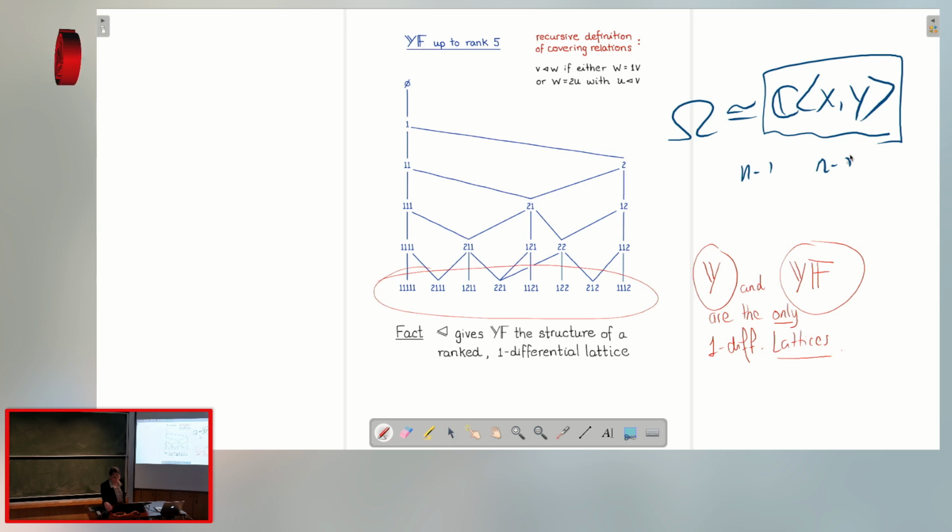So, I wonder what this means. I would be very keen on such an interpretation, and I would like it if you could say a bit more about it to me afterwards. Another problem here: as I said, this lattice is one differential, but it would be very nice to see if there was a full infinite dimensional Heisenberg action.